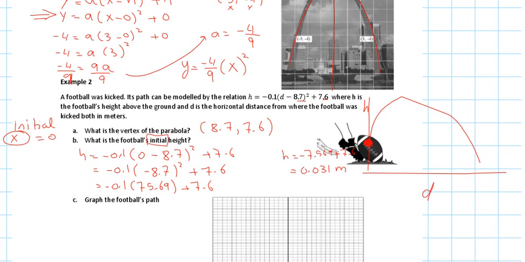So remember that this is the football, right? The football is right here. How far is it from the ground if you actually look right here? It's on his leg, and his leg is literally on the ground, right? So it's basically how thick his leg is. So if I do this, that's how high the football is above the ground. 0.031 meter, right? Makes sense. It's not that high off the ground.